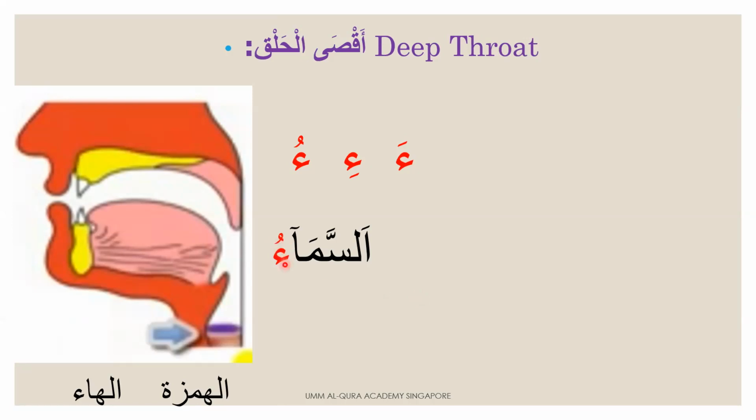For example, if I put a sukun on this Hamza: As-sama. When you stop on the letter, you stop the sound of the letter. There won't be any movement of the lips, the throat area, or the tongue. The sound is just stopped.